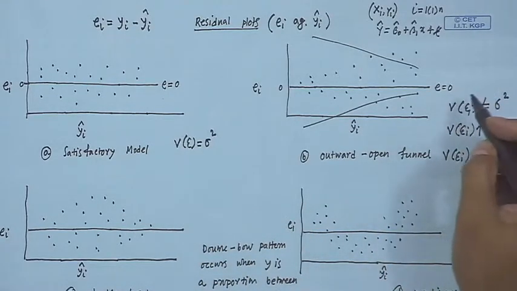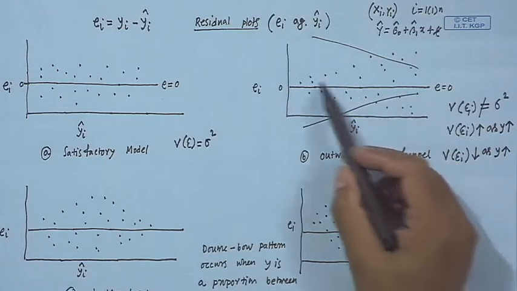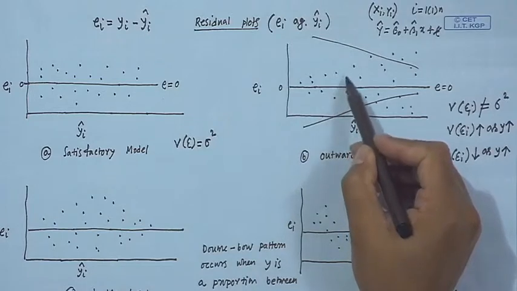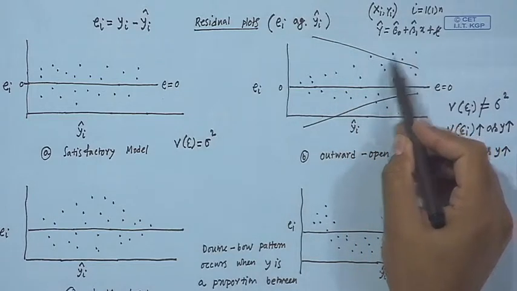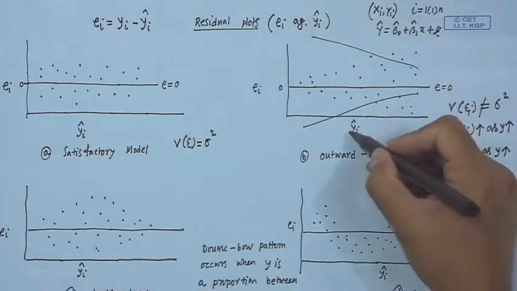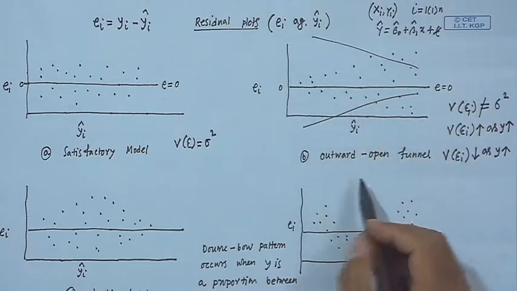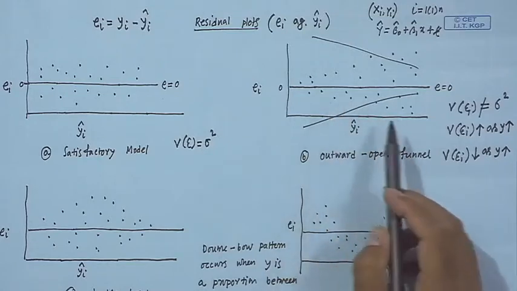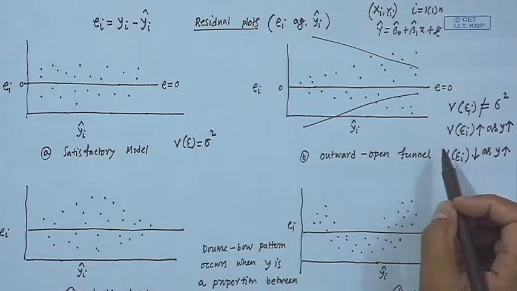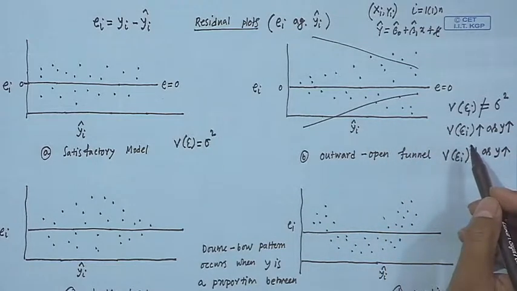Now, look at this scatter plot here, forget about these two lines. So, this is called the outward open funnel. If you see the residuals here, you can see the residual value increases as y i hat increases, and this is called outward open funnel, and if this occurs, then we conclude that the constant variance assumption is not correct.